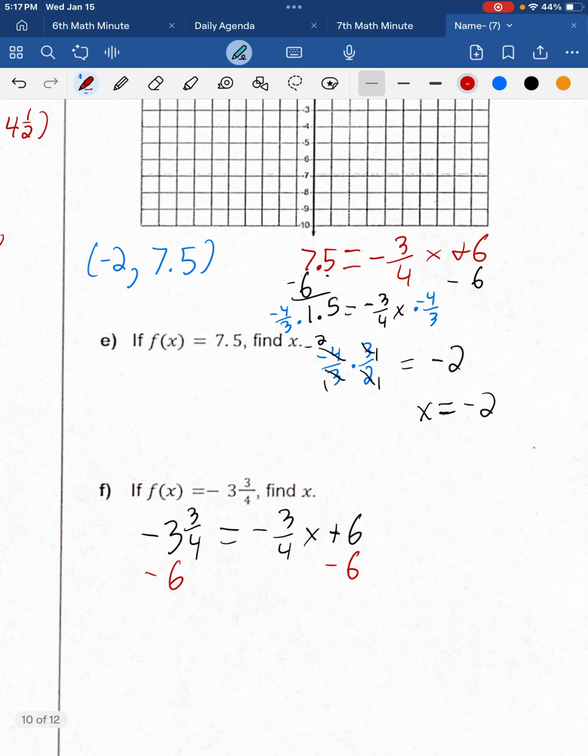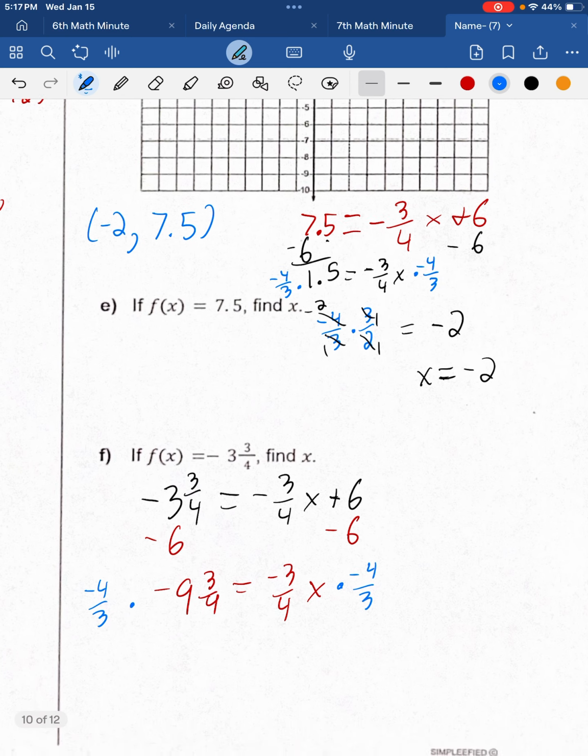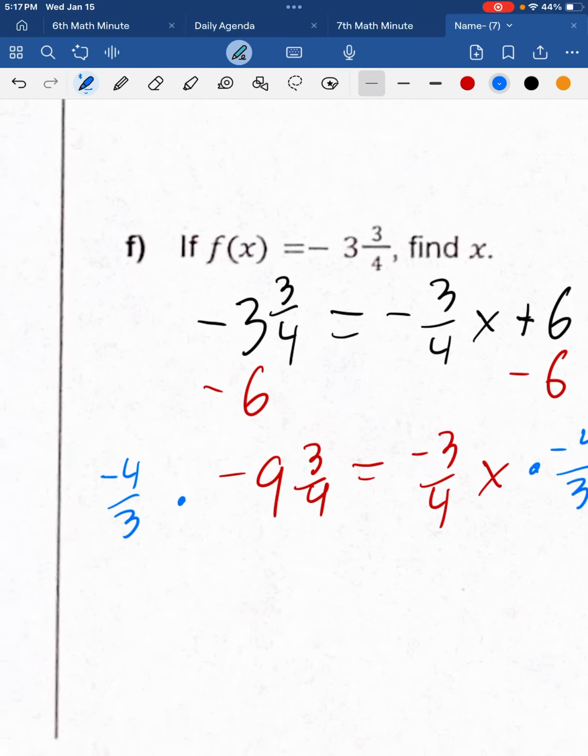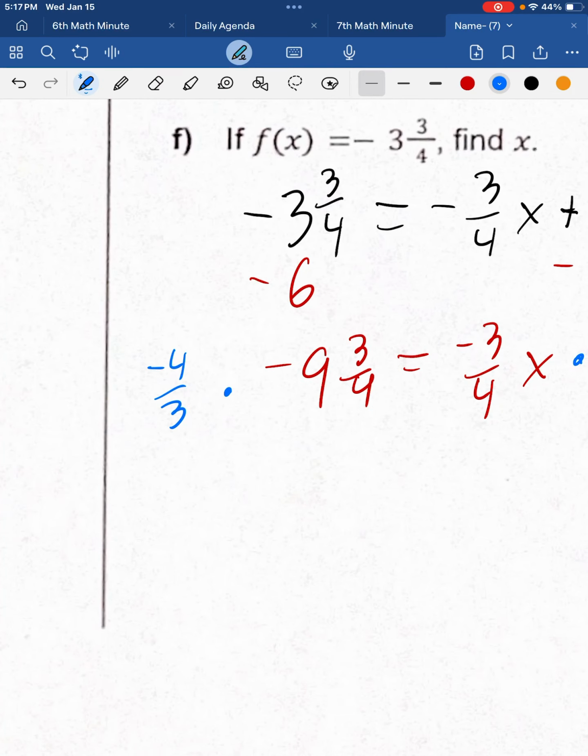I'll be left with -9 3/4. That's going to equal -3/4 x. Again, I need to multiply by the reciprocal. So I'm going to multiply by -4/3. I'm going to turn my -9 3/4 into an improper fraction.